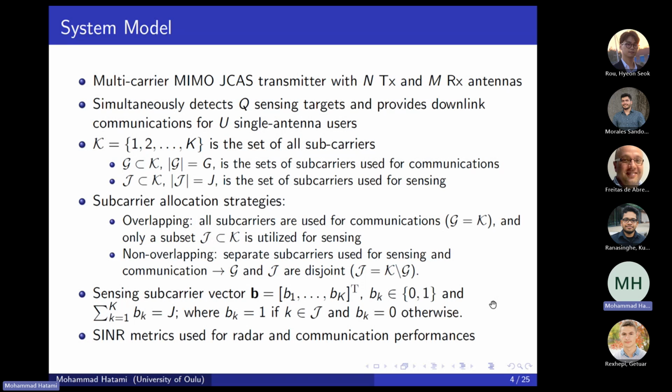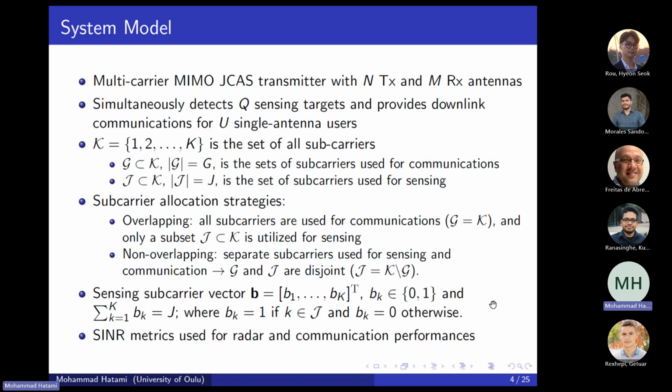Regarding subcarrier allocation for sensing and communications, we consider two subcarrier allocation strategies, namely overlapping and non-overlapping. In the overlapping scheme, we use all the subcarriers for the communication and only use a subset of them for sensing.